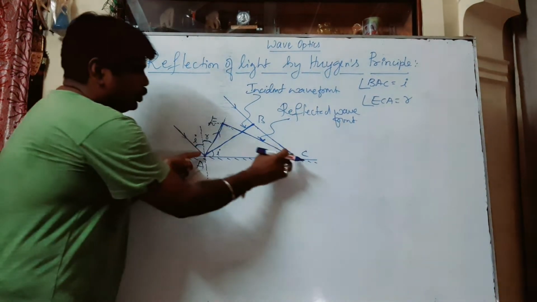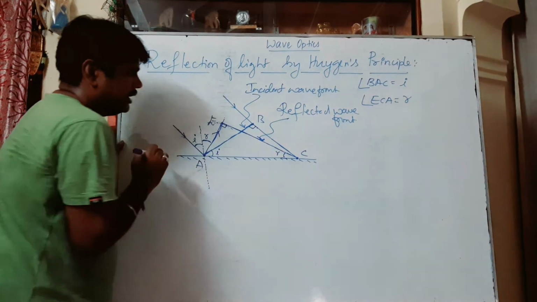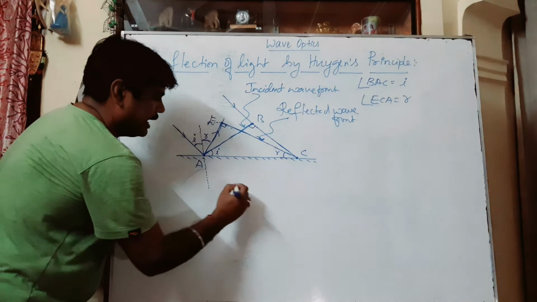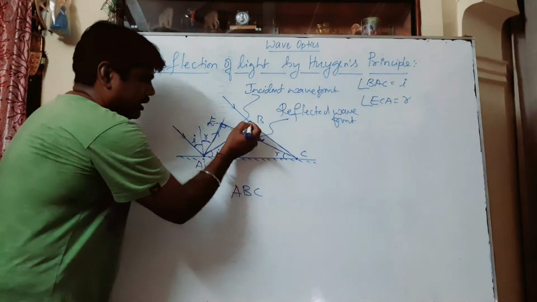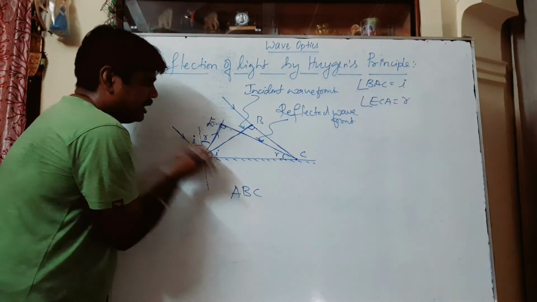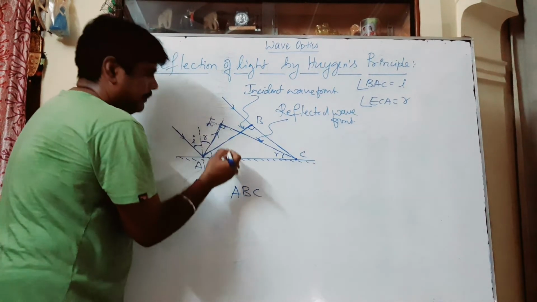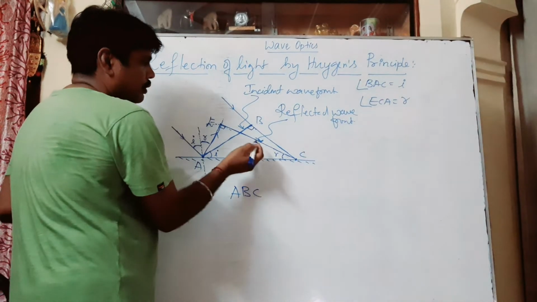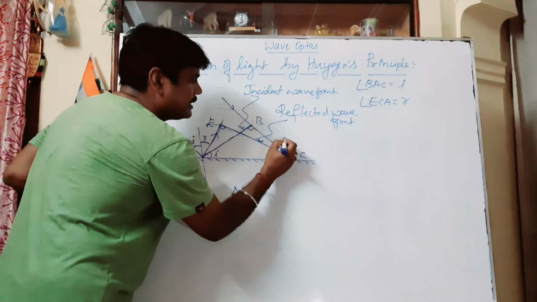See, here we are getting two right angle triangles. This angle is 90 degrees, and this angle is 90 degrees. Just observe carefully. There are two right angle triangles. The first one is A, B, C. In this right angle triangle ABC, there is an angle I. The distance AE is exactly equal to the distance BC, because the time taken from here to here is tau.